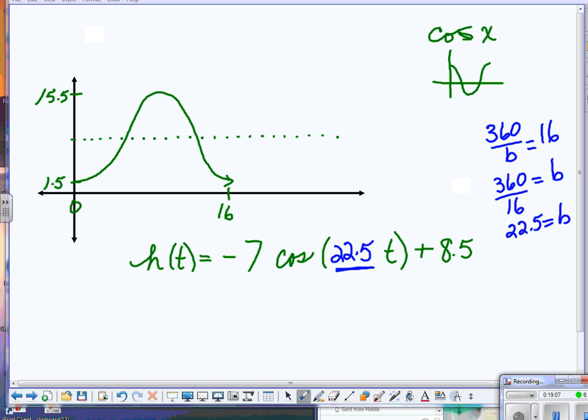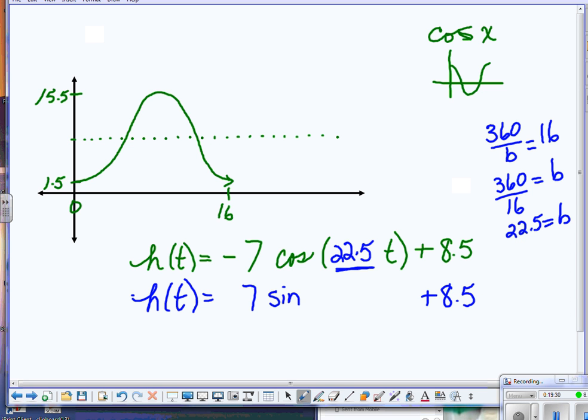And lastly, if you don't like to use cos and you wanted to use sine for this one, you can certainly use sine. The only thing that would be different, whoops, I won't put a negative there. Okay, the only other thing, the amplitude would be the same, the displacement would be the same, but you would have a phase shift.